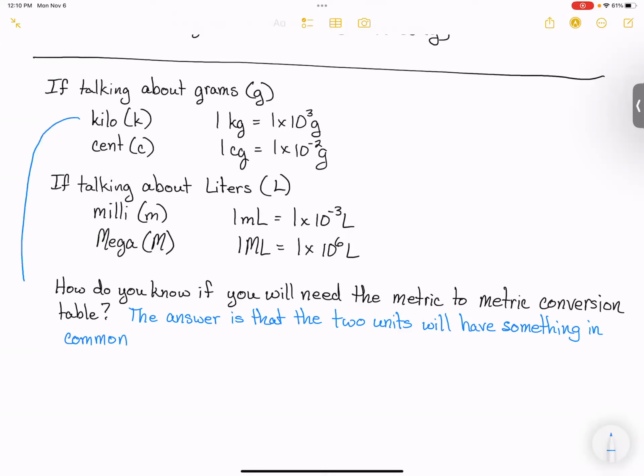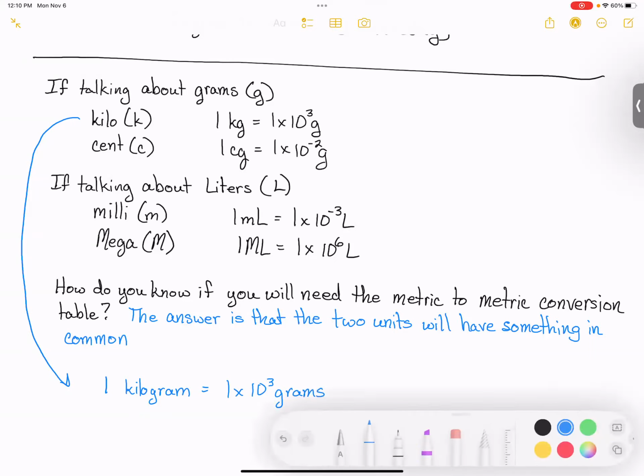Let's take this kilo one and talk about it a little bit more. 1 kilogram is equal to 1 times 10 to the 3rd grams. They have the term gram in common. And so that's telling me that it's part of the metric system.